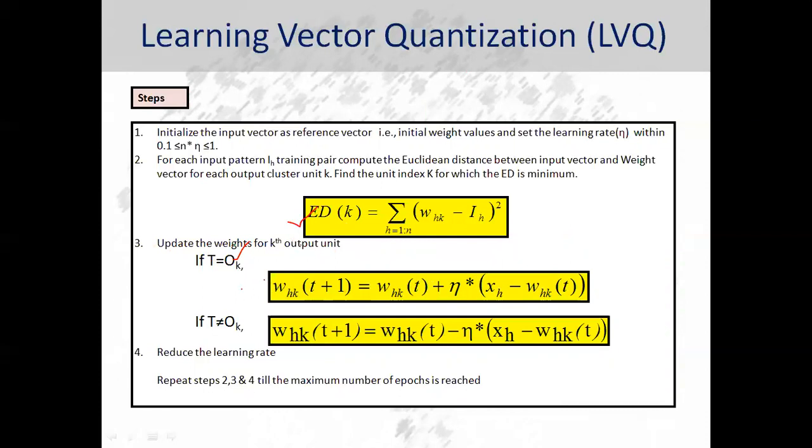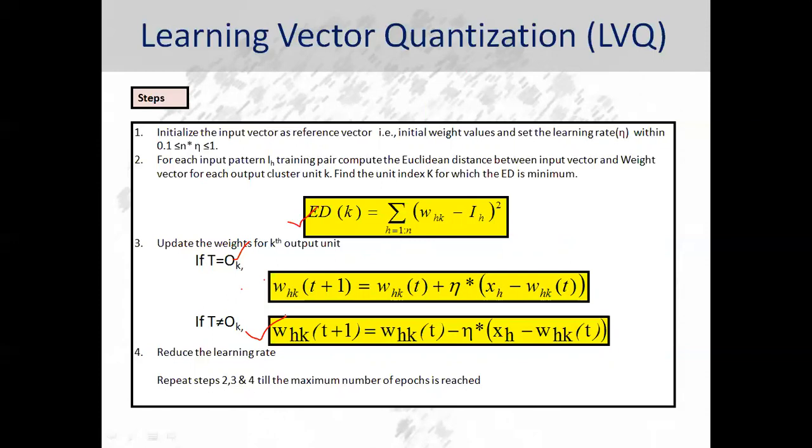If your observed winner class is not the same as that of your input pattern, then the overall weight change is to be negated and the weights are to be updated using this formula. So this is the weight updation mechanism used by the learning vector quantization process.